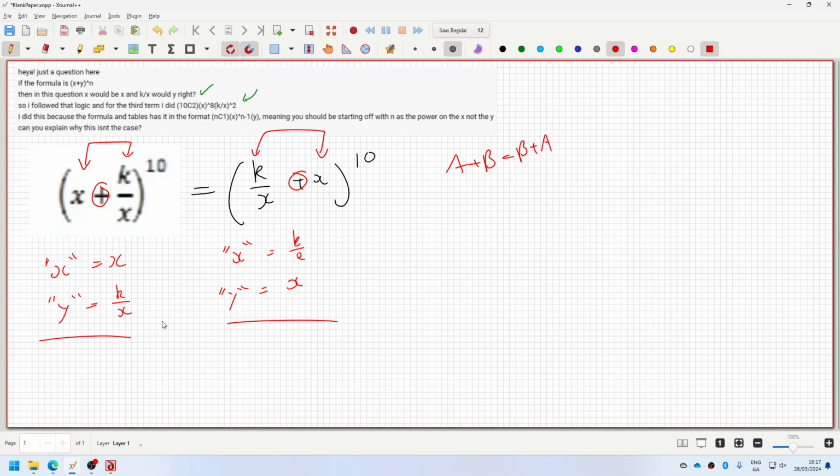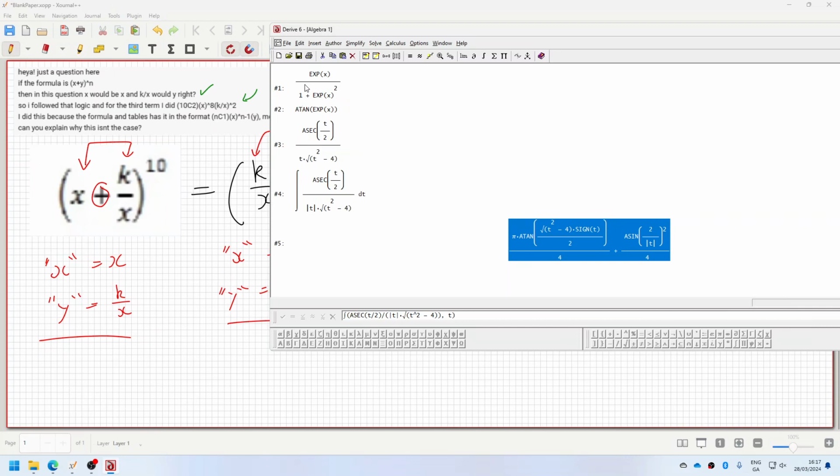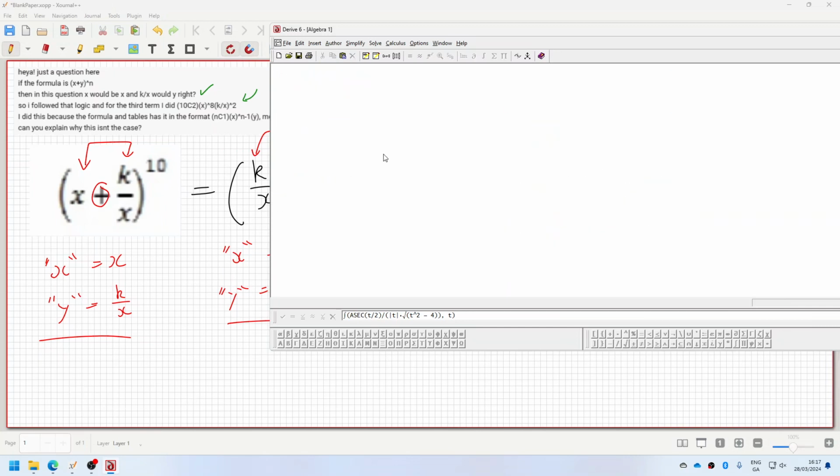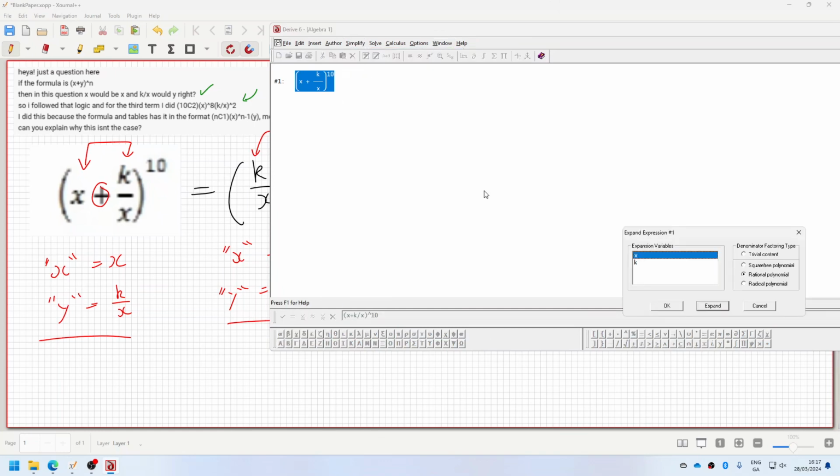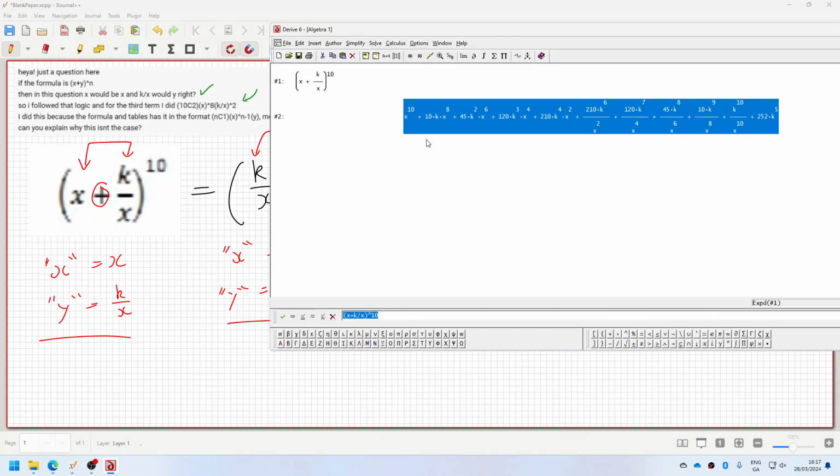So how does this affect what happens next? Well, let me just show you in some software here, just to save a bit of time. x plus k over x, power 10. So you get this expression. And then, now I actually think something is going to happen here with the computer.